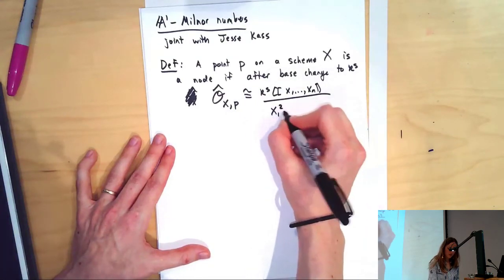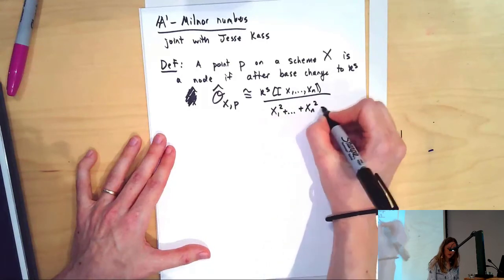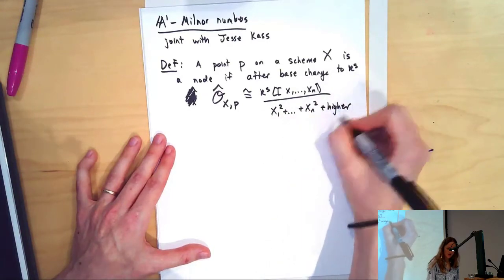Namely, we've got x1 squared plus ... plus xn squared plus potentially higher order terms.